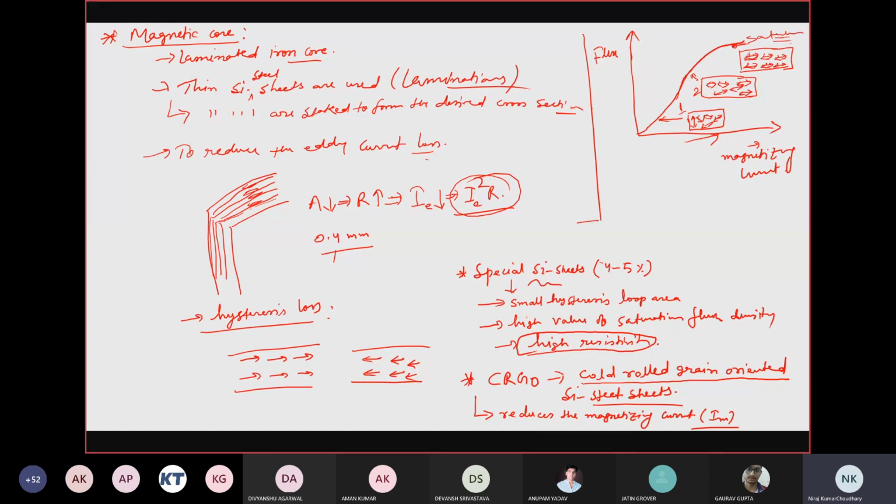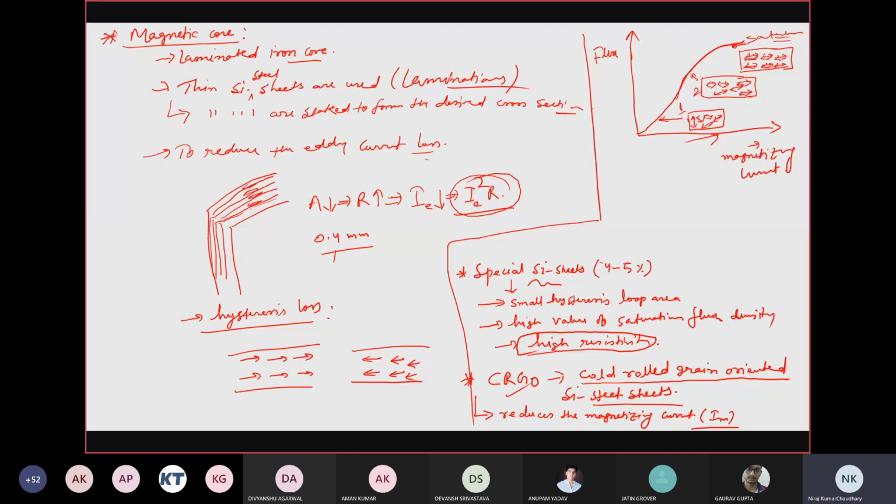Now what is happening with this CRGO sheet? By cold rolling of the laminated sheets, the grains are actually made to orient to some extent in the direction of rolling, right? So by this mechanical process which is applied on the CRGO sheet, the grains are made to orient to some extent in the direction of rolling.